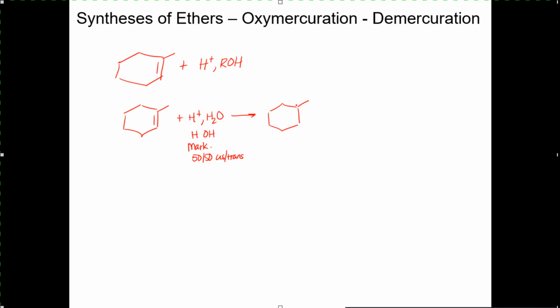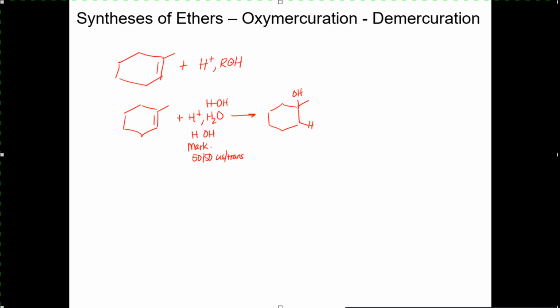And so in this case, we would add the H to this carbon, the OH to that carbon. There's no chiral center, so there's no need to show the cis and trans 50-50. So again, there's not much difference between HOH reacting and ROH reacting.